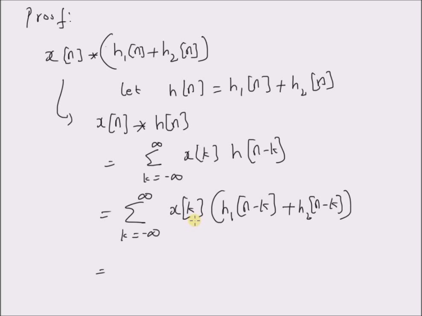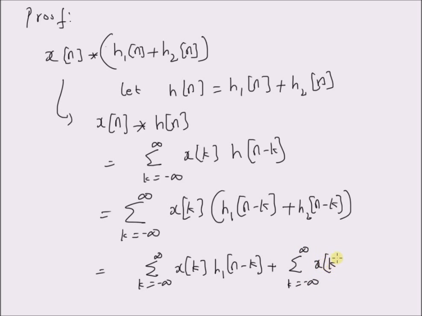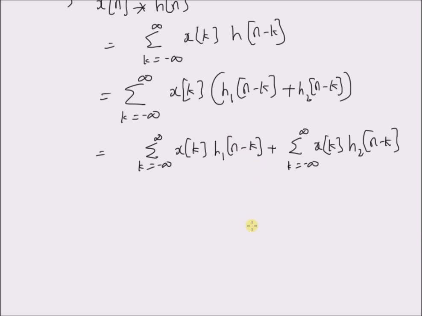And now by simply distributing this scalar x of k to both the components in the sum, we have the summation k equal to minus infinity to plus infinity x of k h1 of n minus k plus summation k equal to minus infinity to plus infinity x of k into h2 of n minus k. And this is possible because multiplication over a sum is basically distributive.